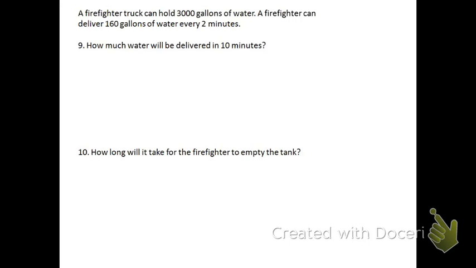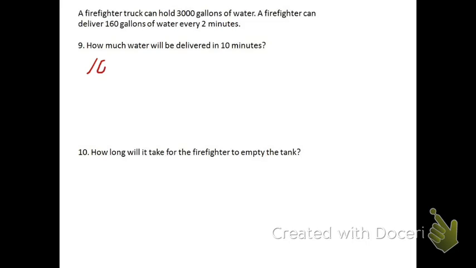A firefighter truck can hold 3,000 gallons of water. A firefighter can deliver 160 gallons of water every 2 minutes. How much water will be delivered in 10 minutes? Okay, so they're giving us a problem-solving situation here, and one that obviously uses ratios. So the firemen can deliver 160 gallons of water every 2 minutes.